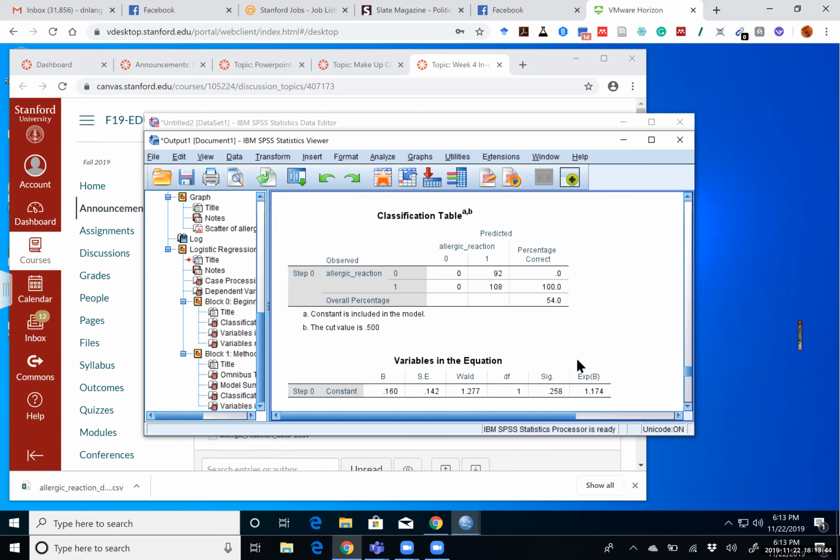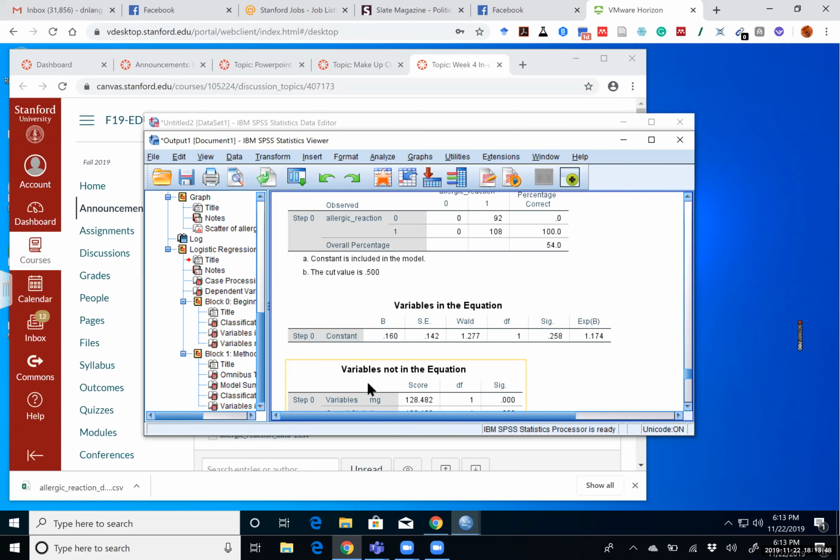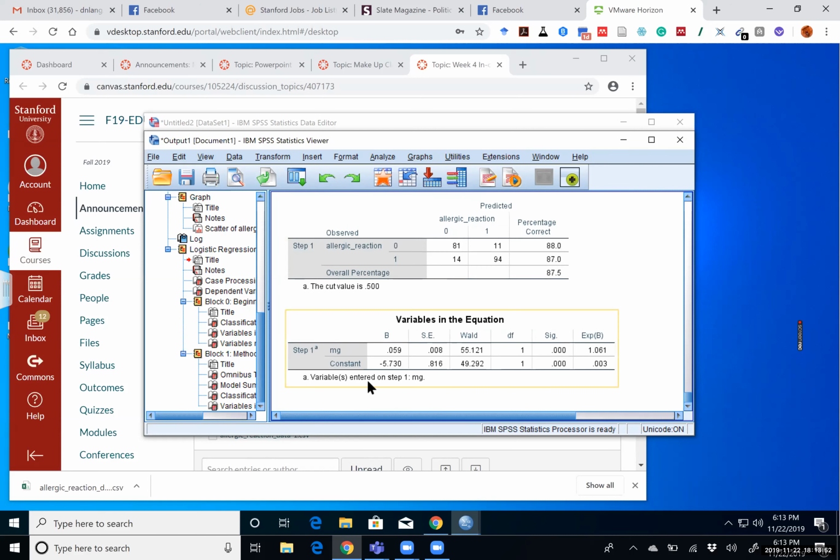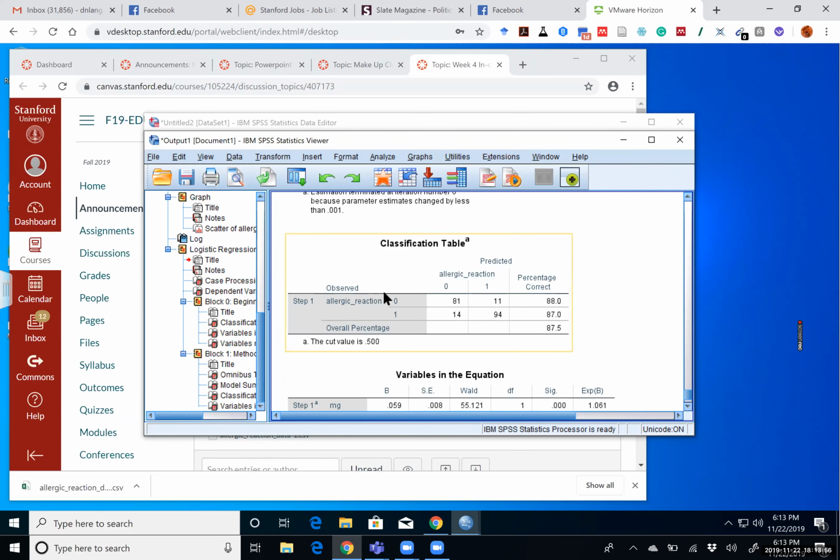Now, when we go down to our logistic regression model, what we actually see is that we have a much better and more accurate model, so that it accurately classifies around 87% of the time whether or not a patient is or isn't going to have an allergic reaction.